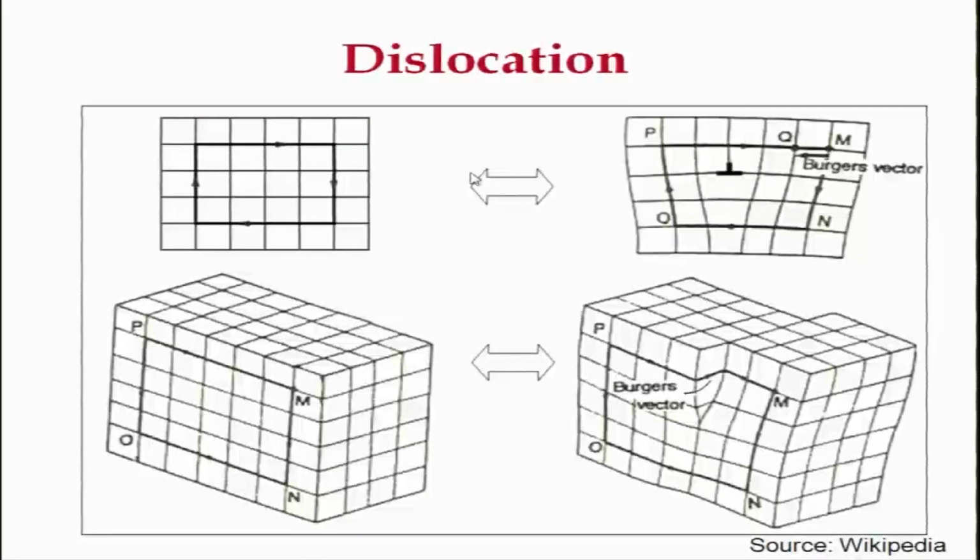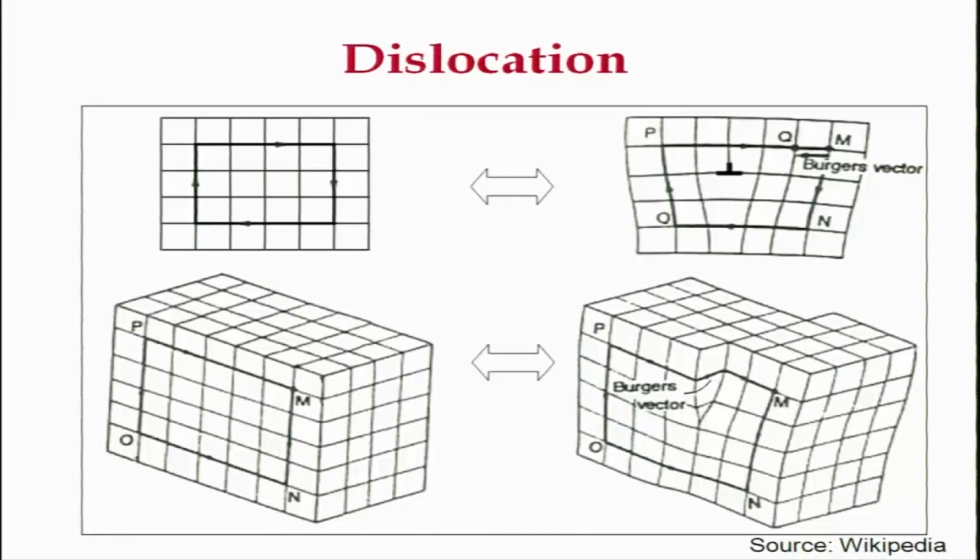This was the edge dislocation, where the Burgers circuit showed the extra step. In the screw dislocation, you have two parts of the crystal sheared in this fashion, and when you make the circuit MNOP, you go from M to N 4 steps, N to O 4 steps, and then from P to M you take an extra step here. This is an extra step, sheared with respect to this point.